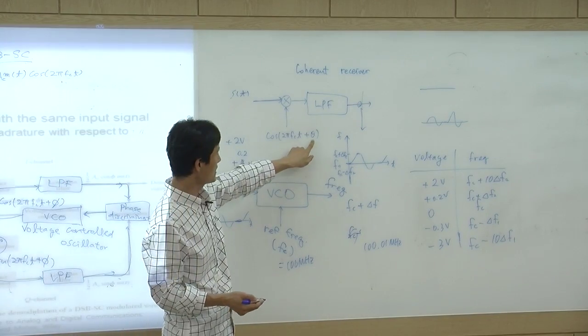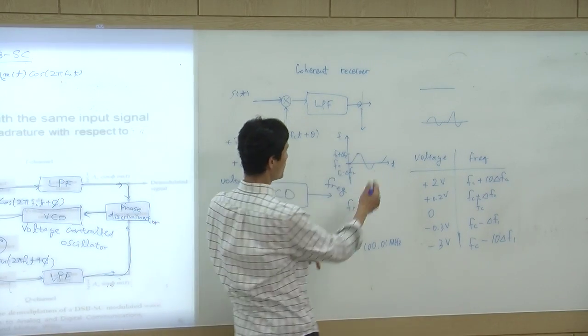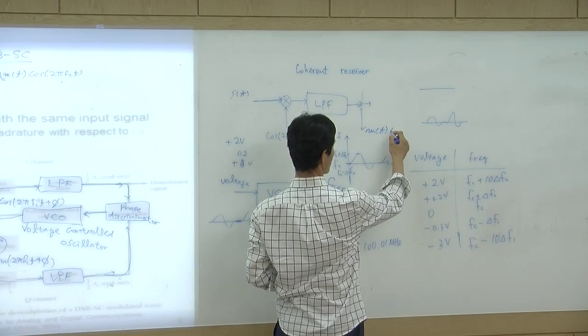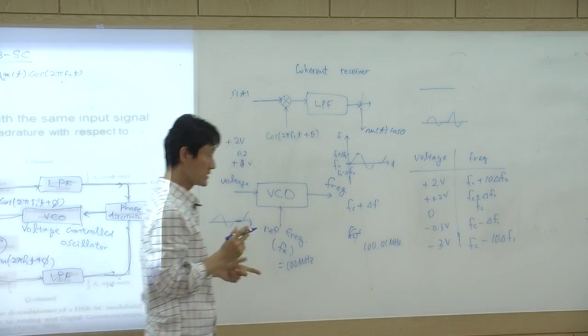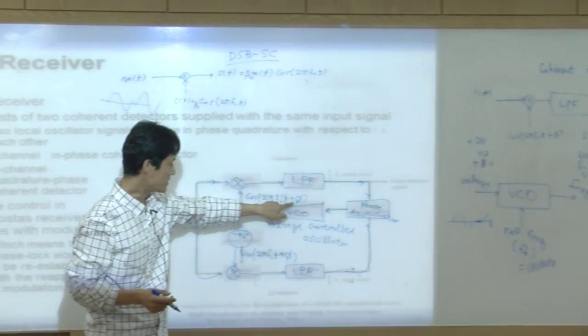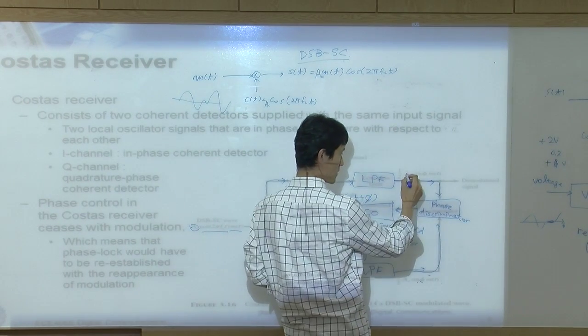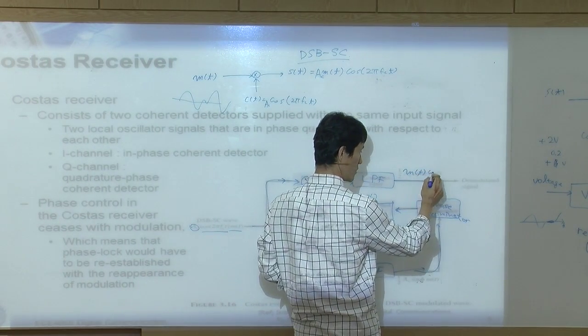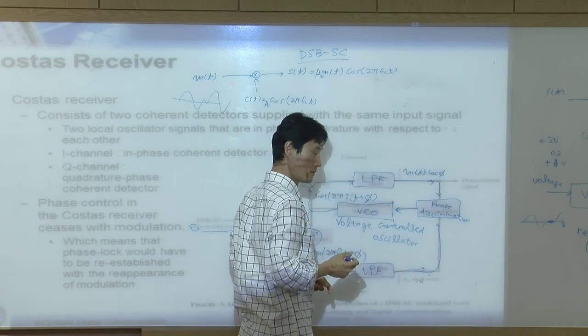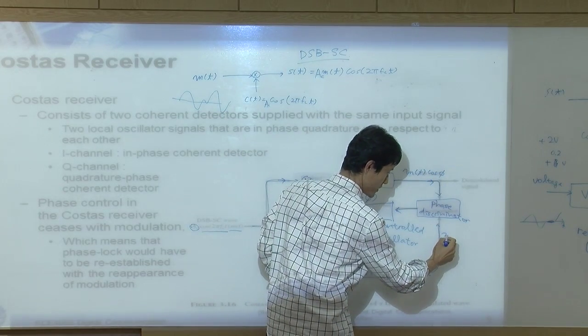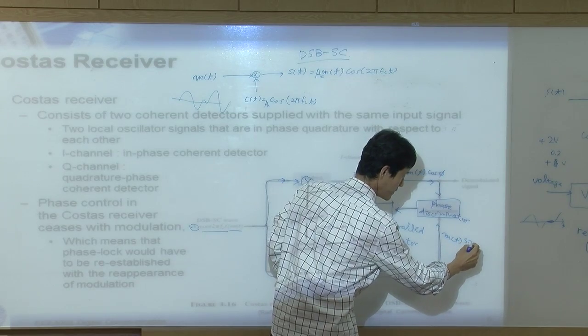So when you have some phase difference, your output will always have m(t) cosine theta. Same here. In this case, we have a phase difference, a phase of phi. Because of this, we're going to have m(t) cosine phi. From here, you're going to get m(t) sine phi.